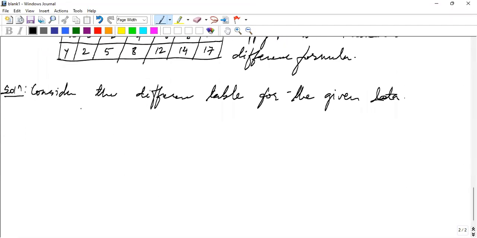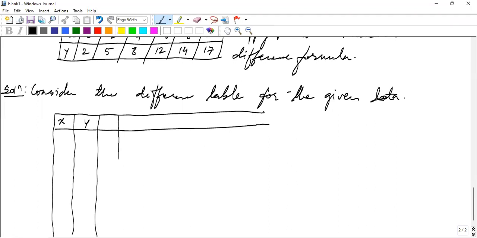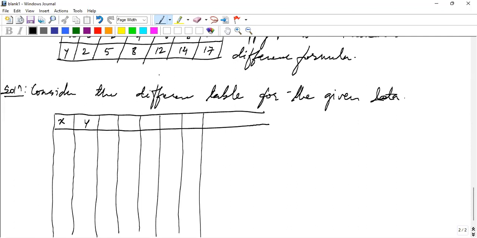What we have is x and y, and the first difference, second difference, third difference, fourth difference, fifth difference.